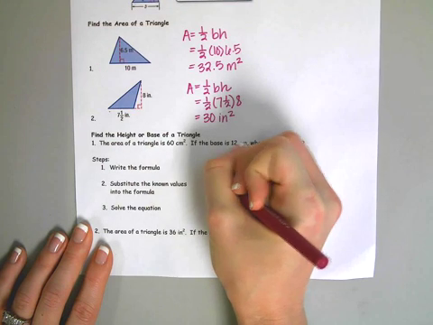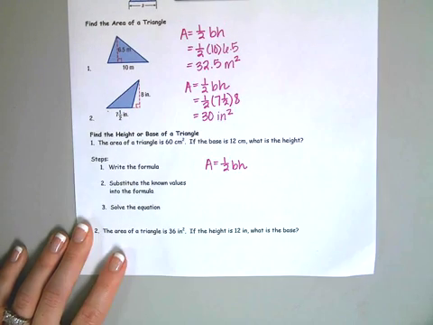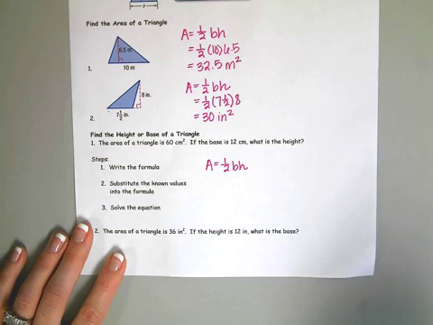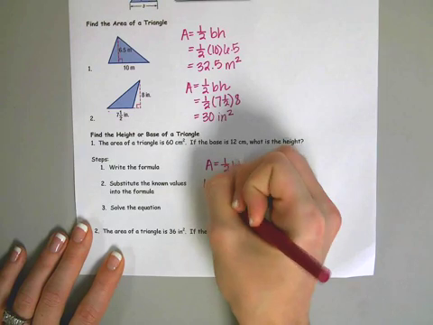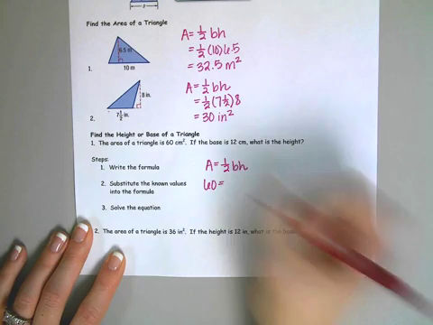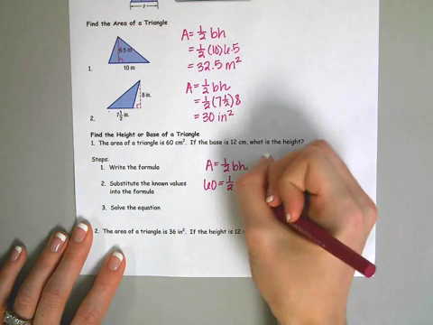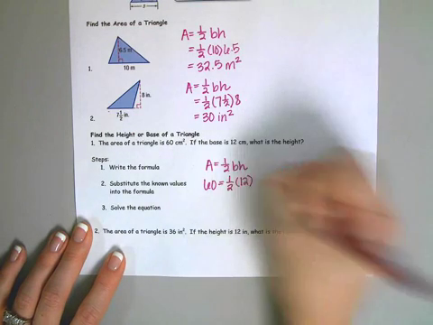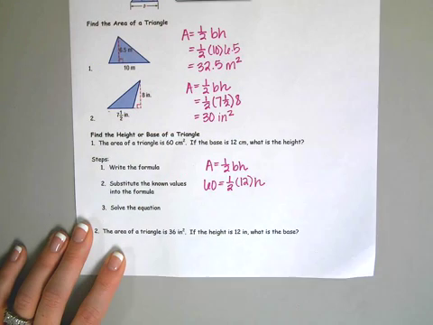Since we're dealing with a triangle, its area equals 1/2 of the base times the height. The next step is to substitute in what we know. We know that the area of the triangle is 60. Okay, we keep 1/2. We know that the base is 12. And I know that I'm trying to find the height, so I'm going to leave that as h.